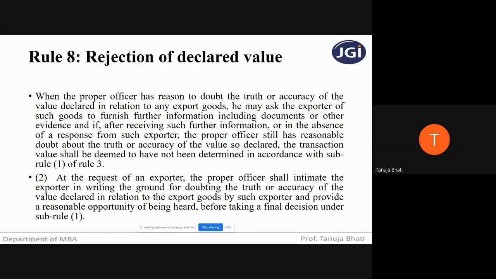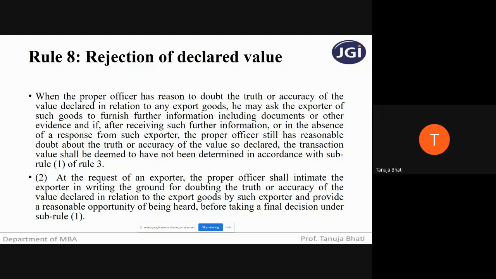So, rejection: when will a customs authority or proper officer reject the value? When he feels that the value that is being declared is not correct, is inaccurate. Suppose I'm a proper officer and I'm doubting a value declared by the exporter, then I will ask the exporter, please give me further documents which will prove that the value you have declared is correct.